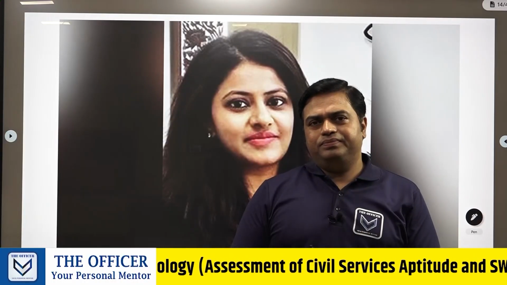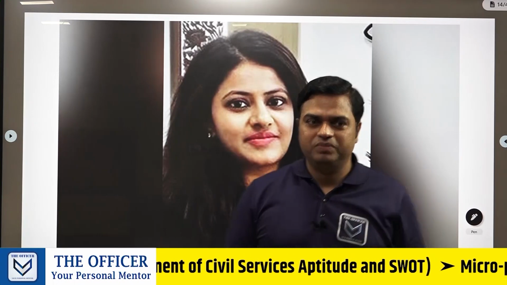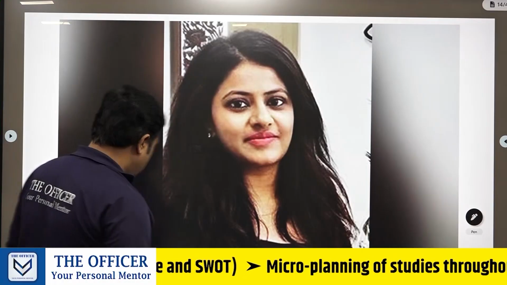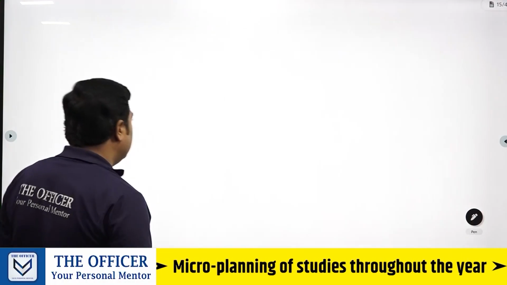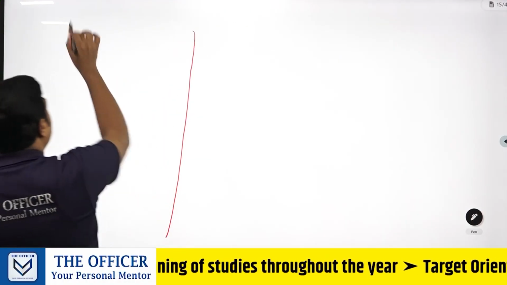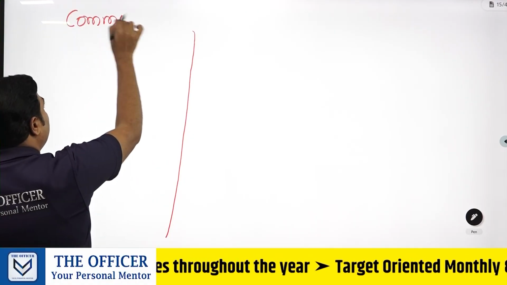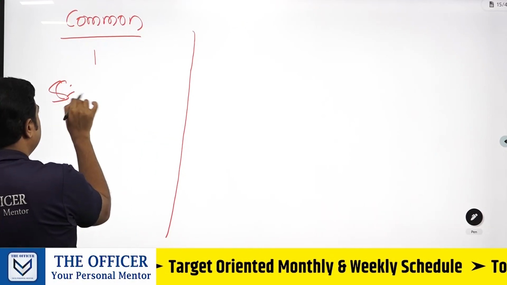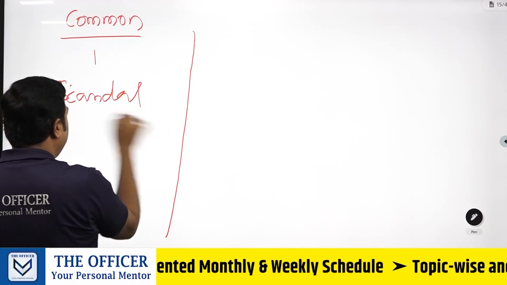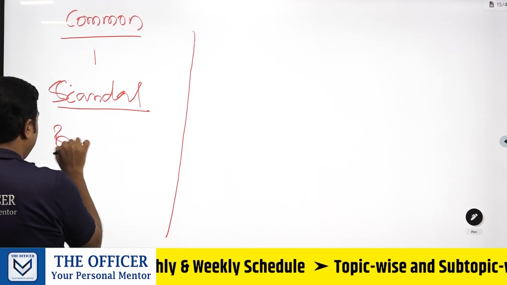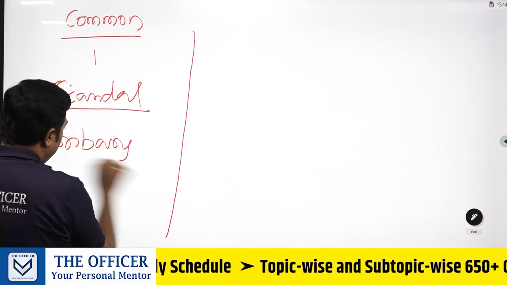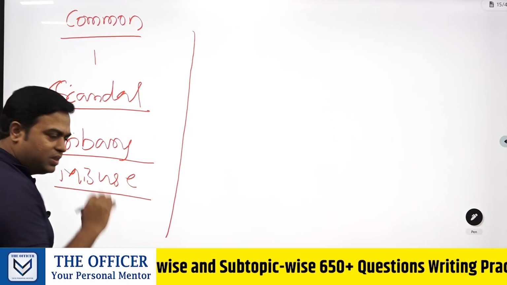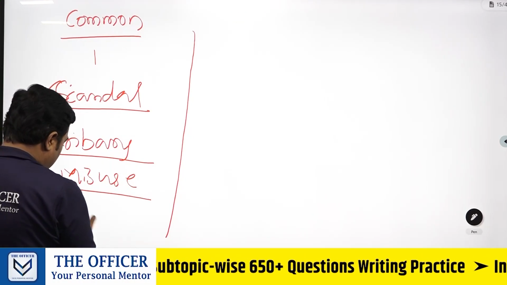But what does sociology help you with? What does sociology go beyond, beyond the prima facie corruption or scandal? For the common people, it is just a scandal, just a bribery, just a misuse of the system or the reservation system, or just a corruption.